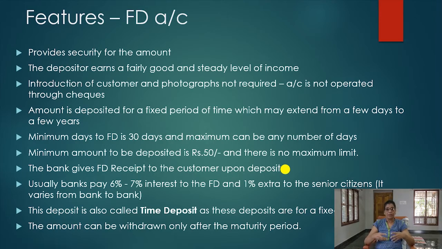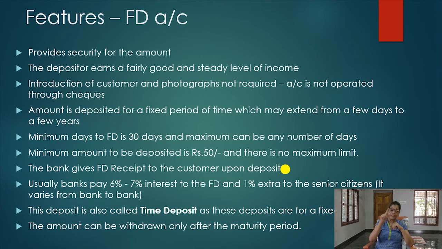Okay, so when you are going to borrow a loan, the bank will ask you for various kinds of securities. So when your money is kept in the bank, what is the proof that you have deposited the money in the bank? That is why the bank will provide you a fixed deposit receipt.